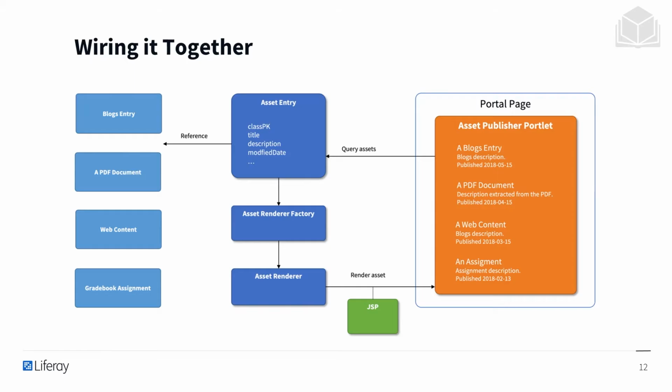This diagram illustrates and summarizes the components of the asset framework. On a platform page or a portal page, there's an asset publisher portlet querying the newest assets. The asset framework gets a list of assets that contain the required set of metadata and references them to the actual content items.